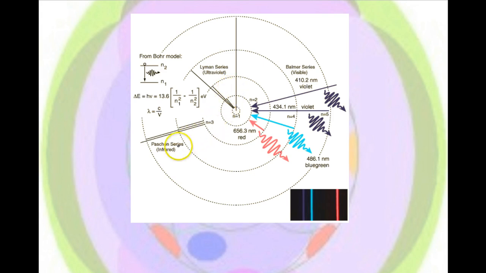And then there's another series called the Paschen series, and this is where the electron falls down to the third energy level. And this would be in the infrared region of the electromagnetic spectrum. So it's only the lines we see when the electron falls down to the second energy level, and that again is called the Bohr series.